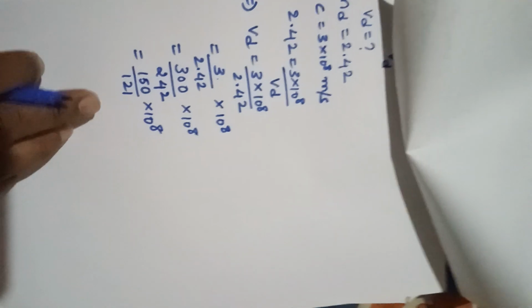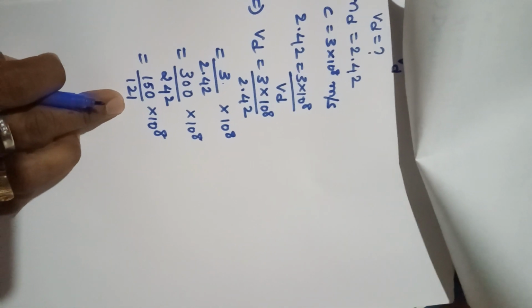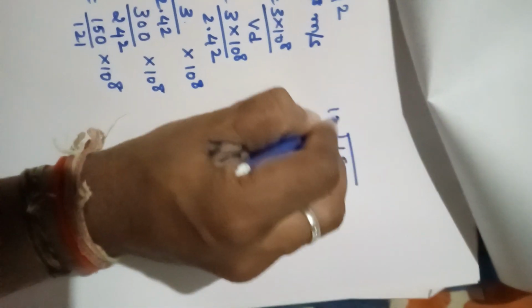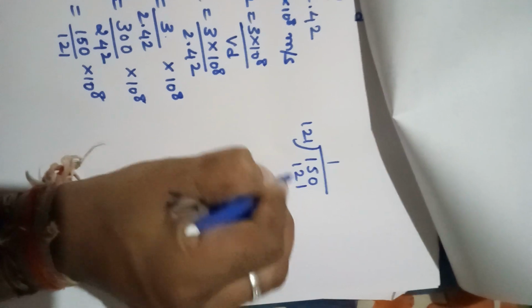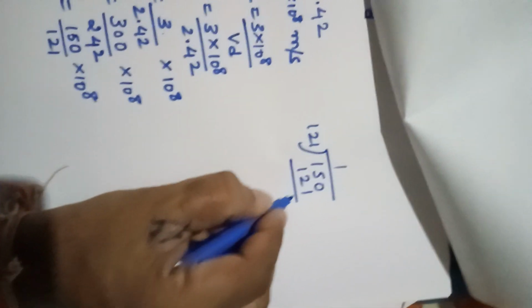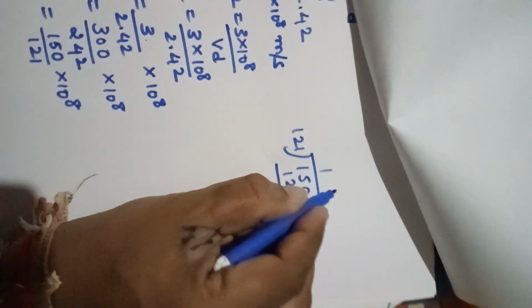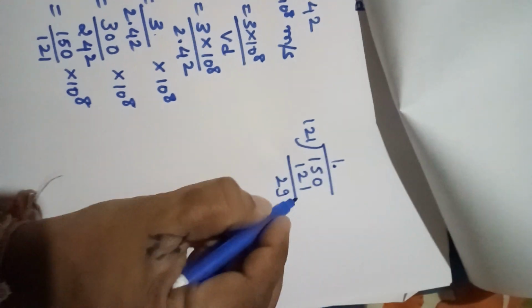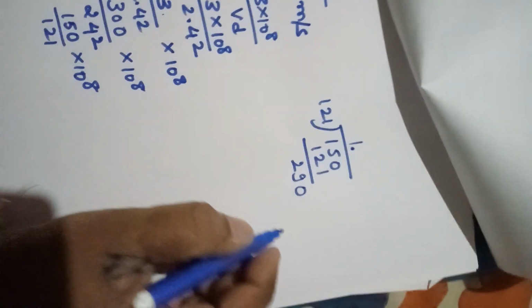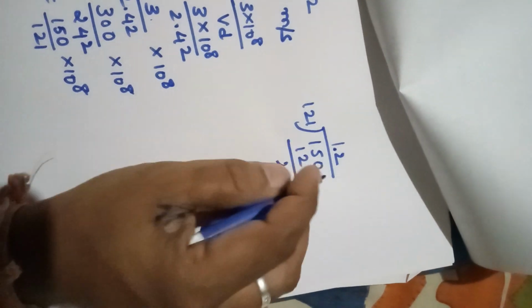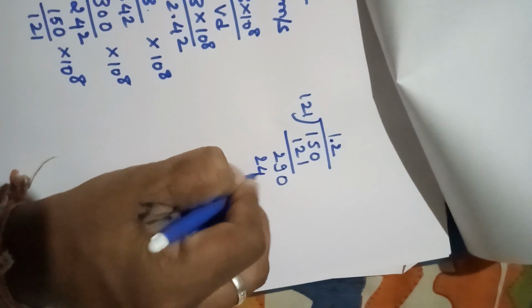So let's divide 150 by 121 and check what the answer will be. 150 divided by 121, 121 ones are 121, so the difference will be 29. Now 29 is less than 121, so I'll take a decimal point there, so it becomes 290. Obviously 121 into 2, if you multiply 121 by 2, we'll get 242.